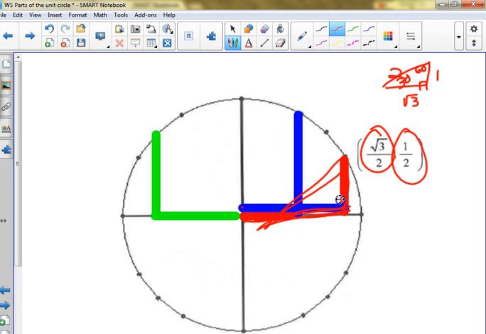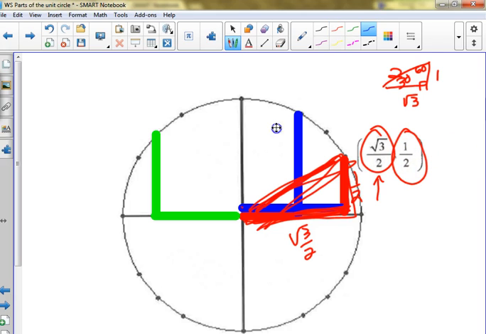Guys, let me tell you something else. 1/2 is smaller than square root of 3 over 2, yes? I know this is a 30, 60, 90. If you've been doing this at all, you know those are the two numbers you're going to get, right? So look at this little triangle. Did it go over further or up further? So this is over, and this is up. Does that make sense? You can remember which way it went?